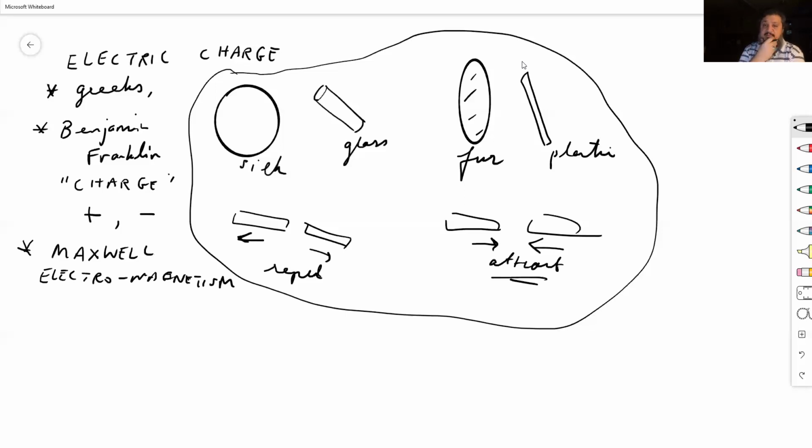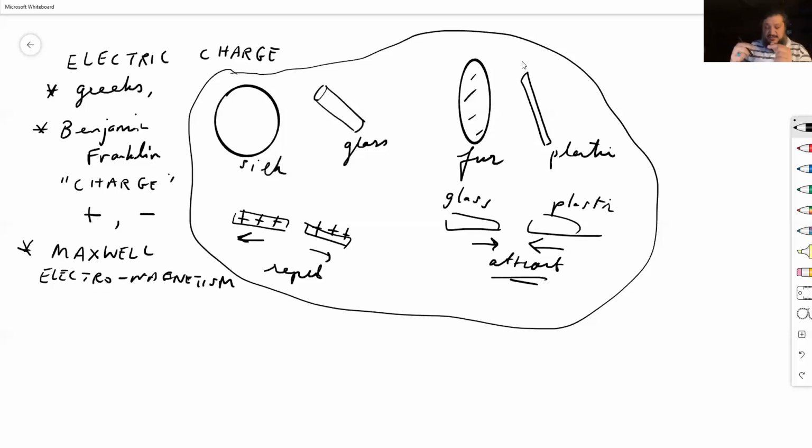Now, when Benjamin Franklin came up with this idea of charges, electric charges, he said that these two objects, like the two glass pieces after rubbing with silk, had the same charge, let's say positive charge. And the rule was positive charges would repel each other. And when you tried the glass with the plastic, of course, back then they didn't have plastics, but they had some other material.